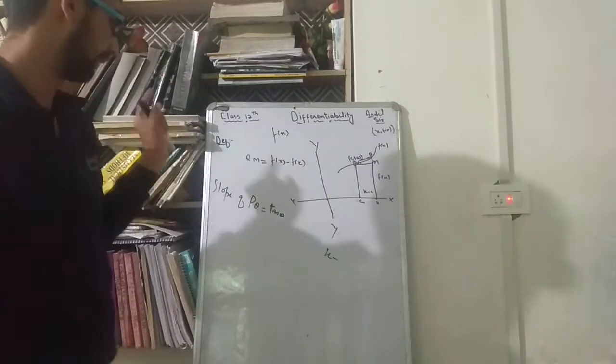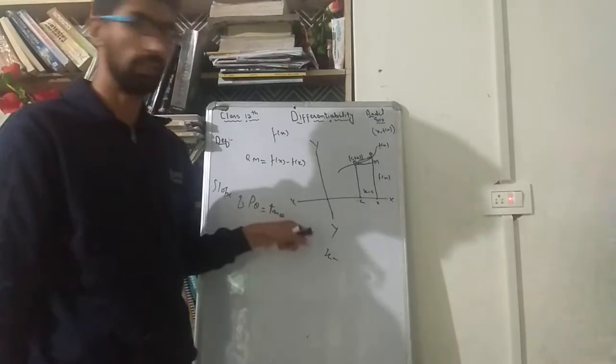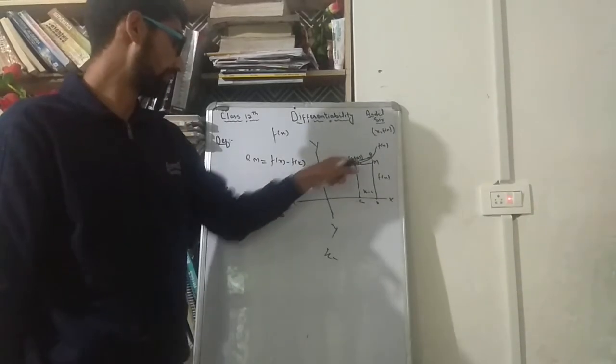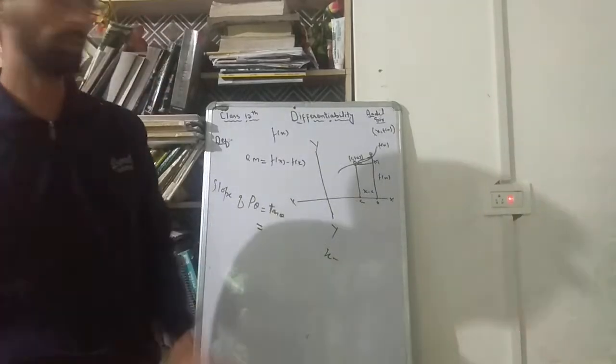You know that the slope of a line is tan theta, where theta is the angle that the line makes with the x-axis. Tan theta is equal to perpendicular divided by base.